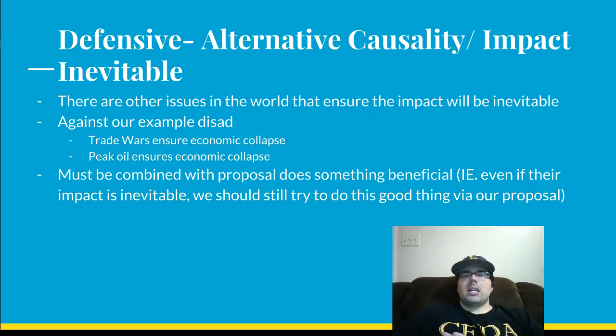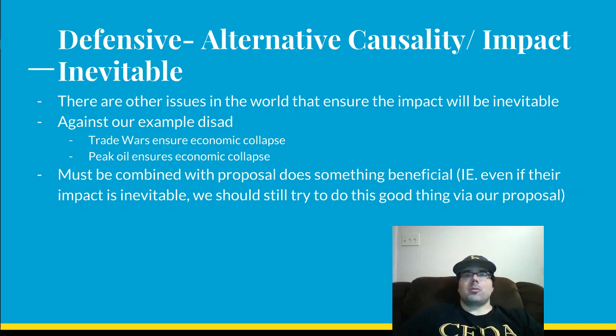And so if it is true that those are inevitable, then you should vote for our proposal, because at least we can try to do something good. Maybe help out a little bit because those impacts are inevitable. Or put another way, there's no reason to reject our proposal just because those impacts are going to occur, because they're going to occur no matter what.